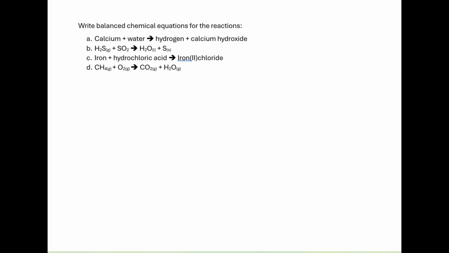The third one is iron plus hydrochloric acid to give us iron(II) chloride. And the last one is CH4, methane, plus O2, oxygen, to give us CO2, carbon dioxide, plus H2O, water. Let's look at these problems one after the other.